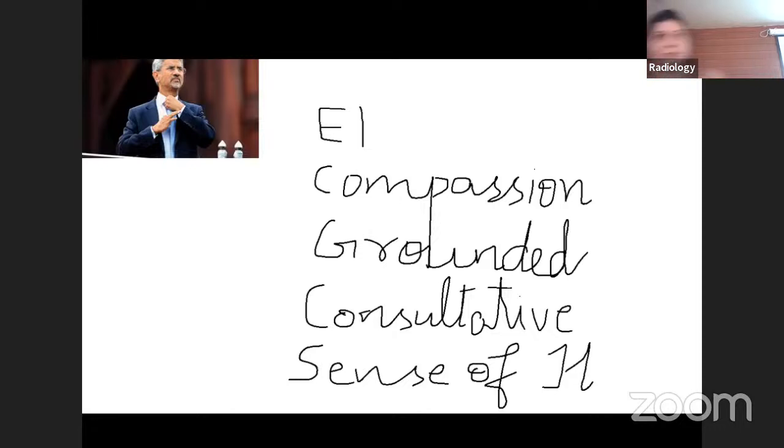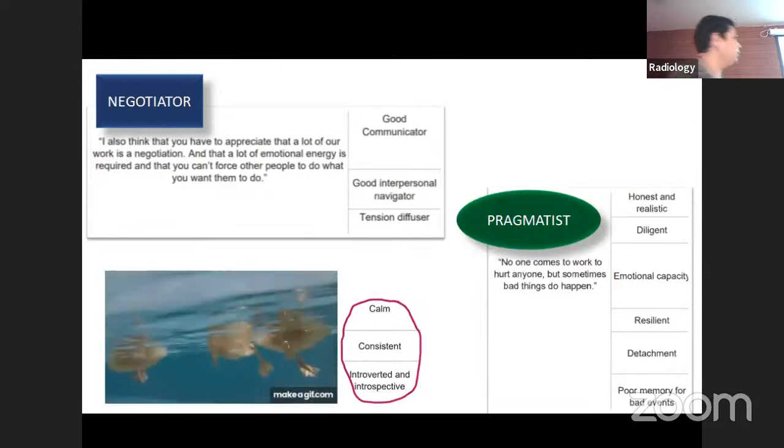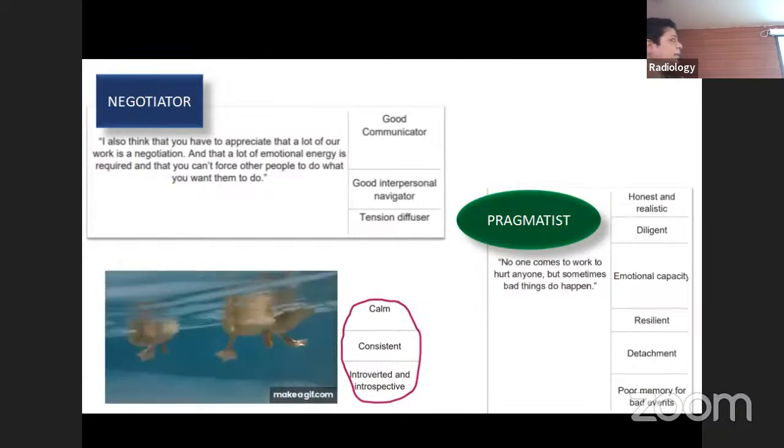This group, the diplomat. High on emotional intelligence, high on compassion, very grounded, consultative, and has a sense of humor. A negotiator, good communicator, good interpersonal navigator, tension diffuser.